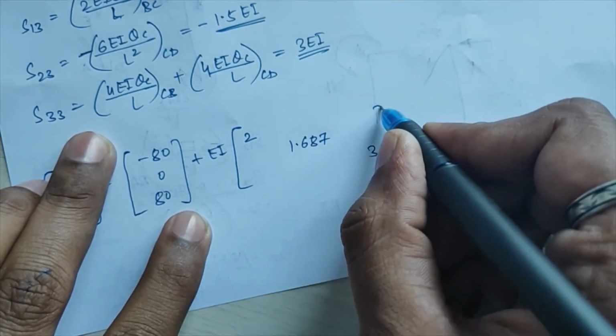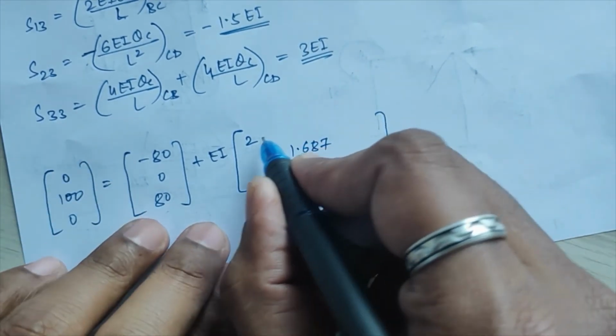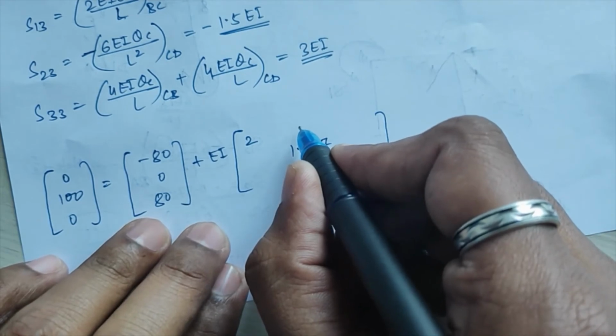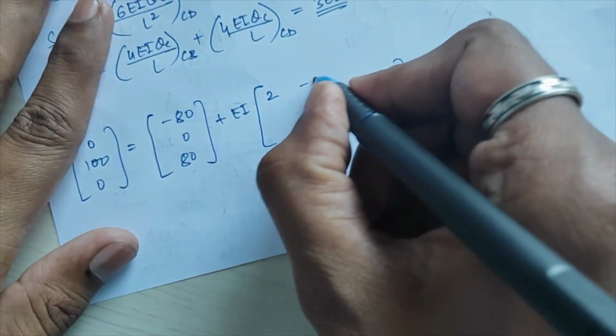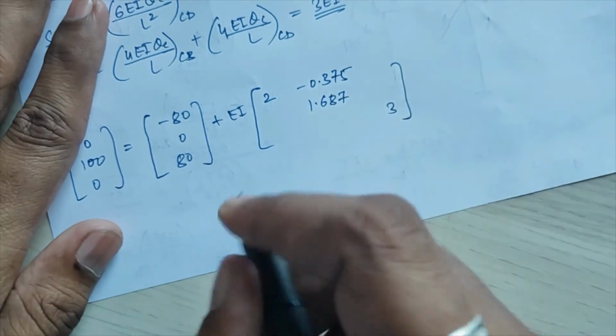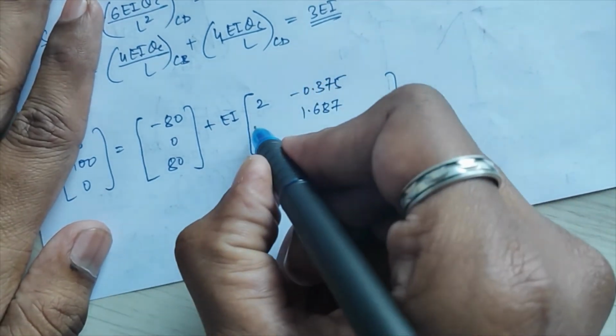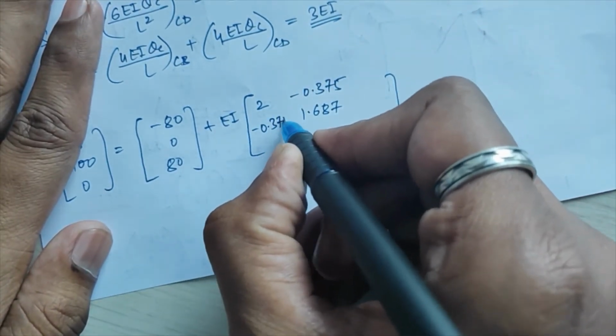Next, S of 1, 2 I have got as minus 0.375, the same as S of 2, 1, minus 0.375.